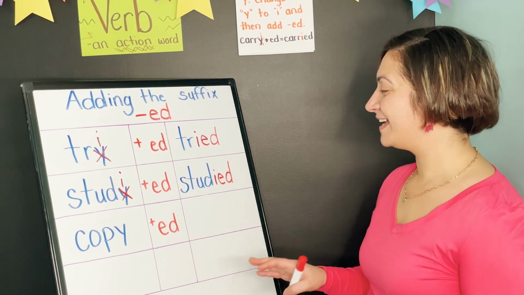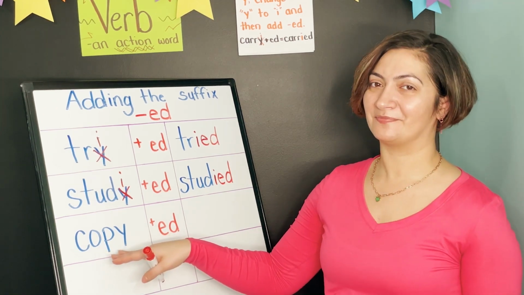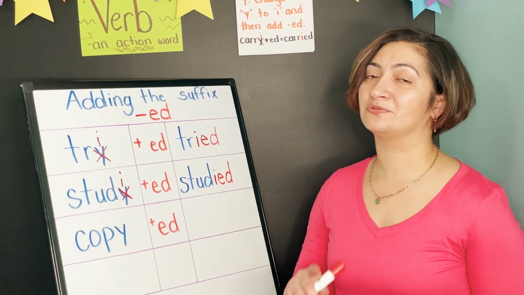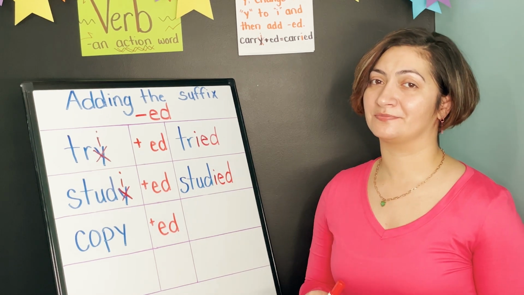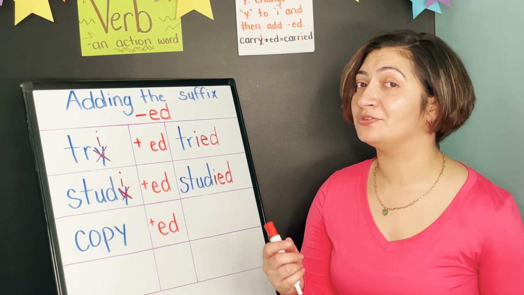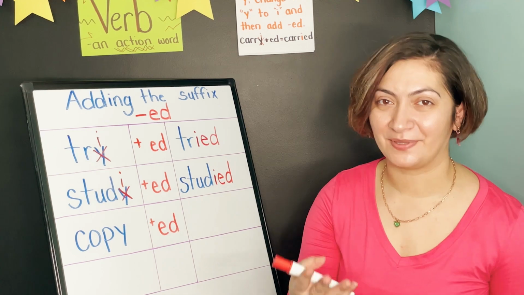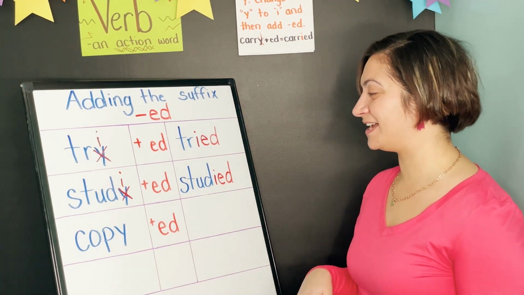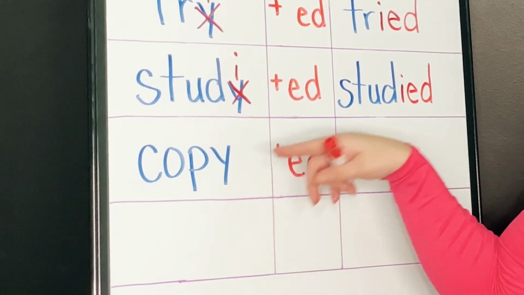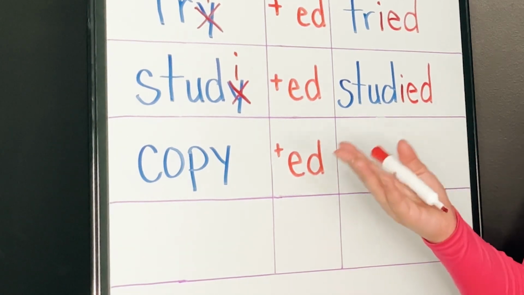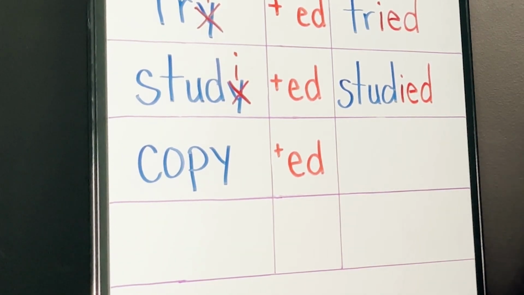All right, scholars. And then we have the word copy. I am going to copy that drawing. But if you already did it, you copied that drawing. Nice job. All right, look at that letter that's at the end. It's a Y. Go ahead and try it on your own first. Try to write the word copied.